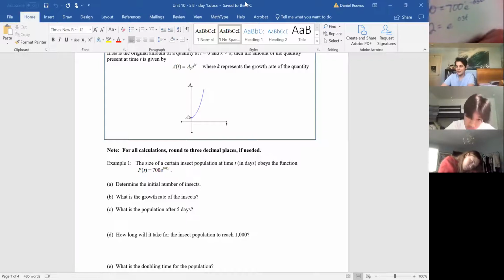And then I can say the natural log of 2 equals 0.03t. And my answer is t equals the natural log of 2 over 0.03. And my calculator will give me an approximation, about 23 days.